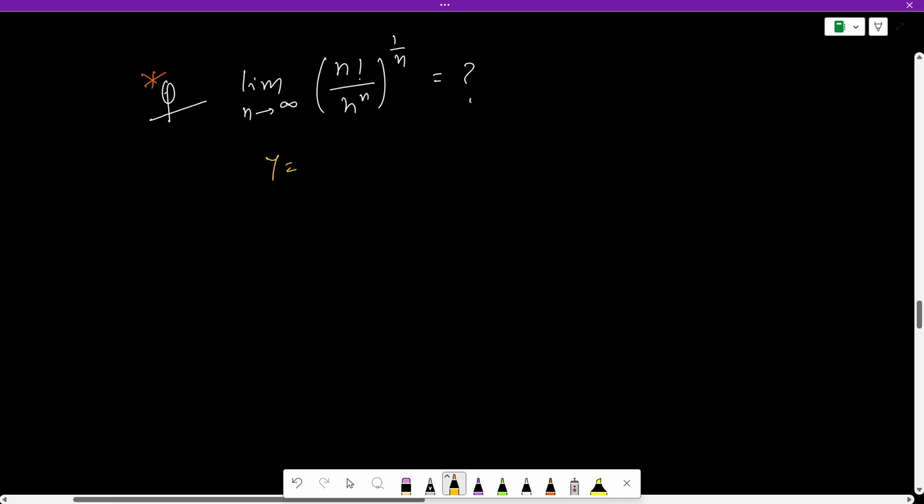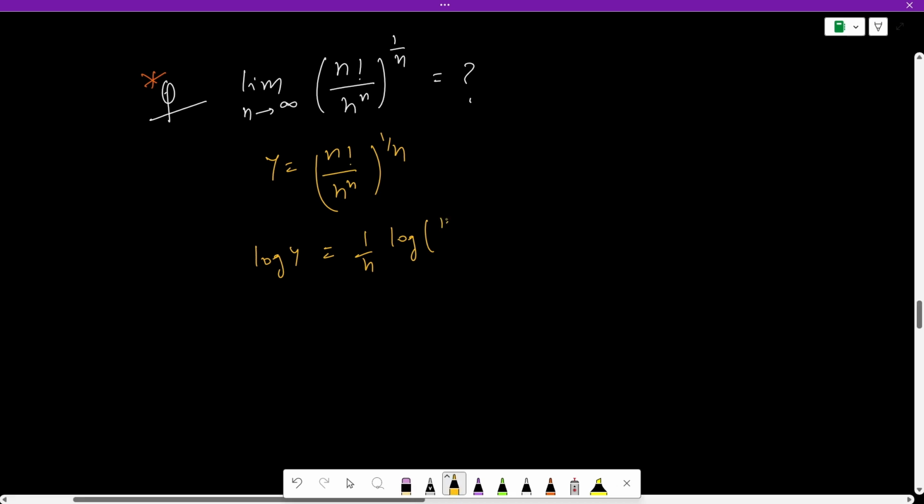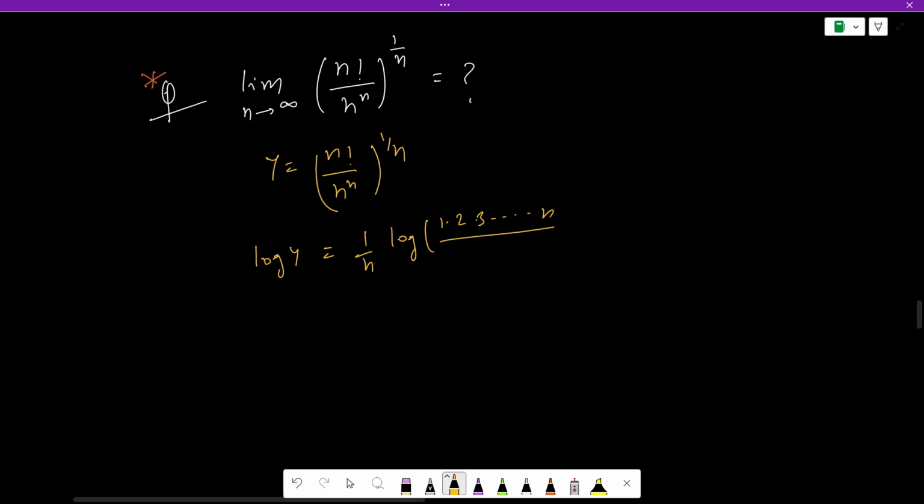So let y equal (n factorial by n to the power n) raised to the power 1 by n. Now let's take log both sides. So this will be log y equals 1 by n log, let's write n factorial as 1 into 2 into 3 and so on up to n, and the denominator as n into n and so on, n times.